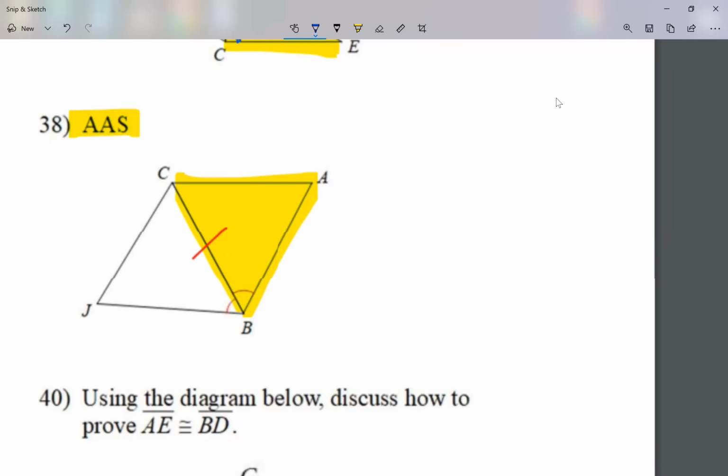I already have the side. Okay, I need two angles. I only have one angle. So I need two angles and a side, but I don't want the side in between the angles. So my yellow triangle, I need this angle. And on my white triangle, I need this angle. So I'm gonna say angle A is equal to angle J. In this case, I can use one letter because there's a unique corner at A and there's a unique corner at J.